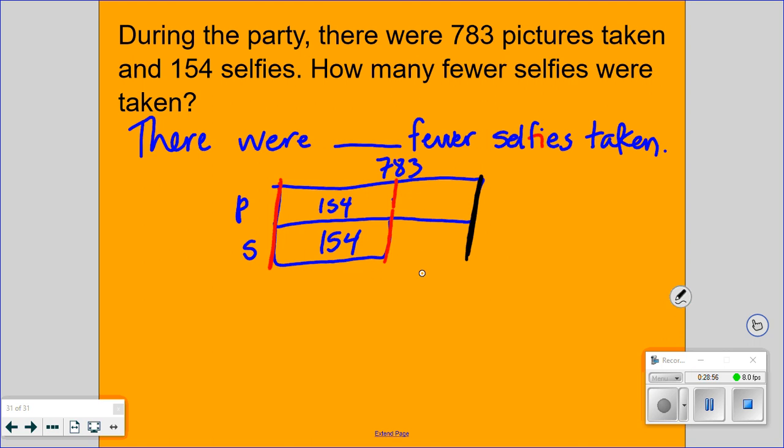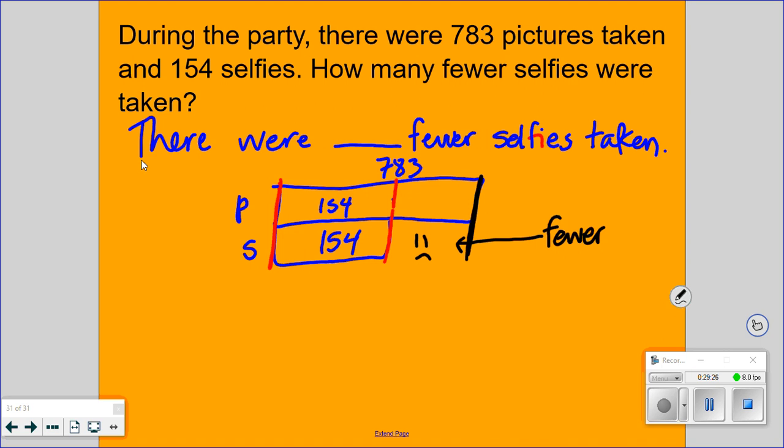I wish the number of selfies was all the way over here. They were totally equal, 783 of them. Right, Connor? But it's not. So this sad space with nothing, that is my fewer. We didn't have any selfies there. It didn't make it all the way up to that total of 783. It stopped short.